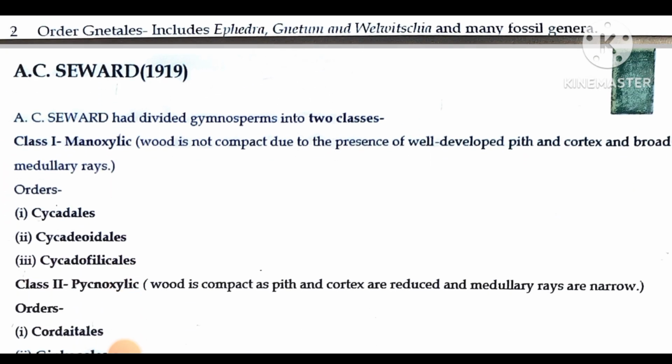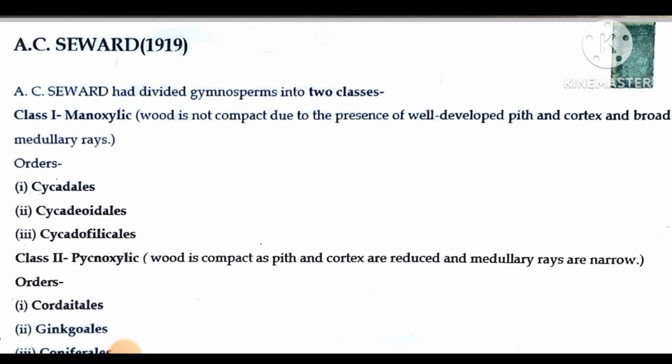Now come to the A.C. Seward classification. A.C. Seward in 1919 divided the gymnosperms into two classes, the Manoxylic and the Pycnoxylic, on the basis of the anatomy of the wood. In Manoxylic, he put those woods that are not compact, with well developed pith and cortex.